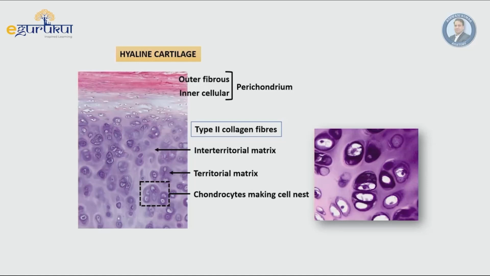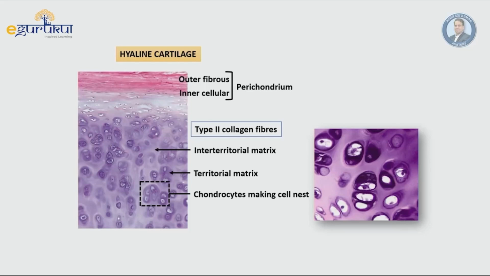Then we have this darkly stained matrix around them called the territorial matrix, and the lightly stained region between the cell nests is called the interterritorial matrix. So presence of perichondrium, territorial and interterritorial matrix, chondrocytes in lacunae, and the cell nest, that is a feature of the hyaline cartilage.